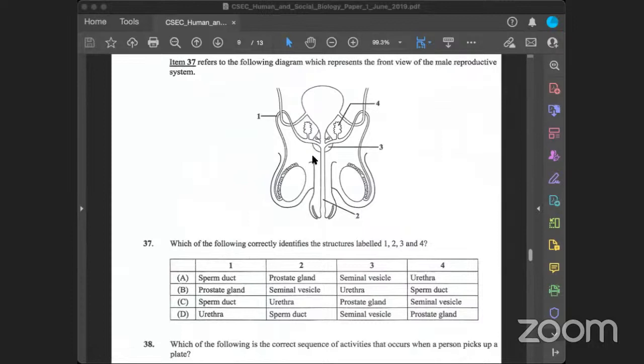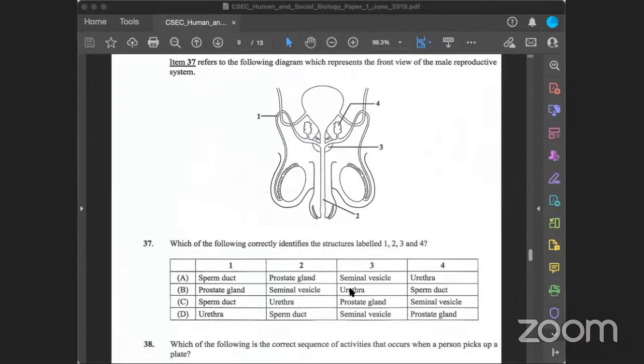One is coming from our testis and epididymis area. So this is going to be our sperm duct, which is the same as the vas deferens. So automatically your answer is A or C. 2 is the prostate. Where's 2? Wow, the prostate, the far. So it can't be A. So your answer automatically will be C, right? So this is your urethra.